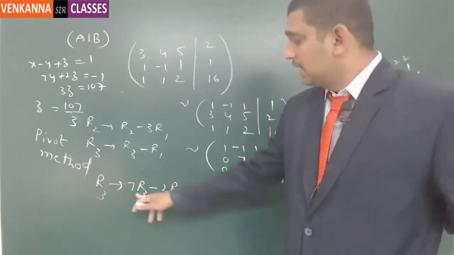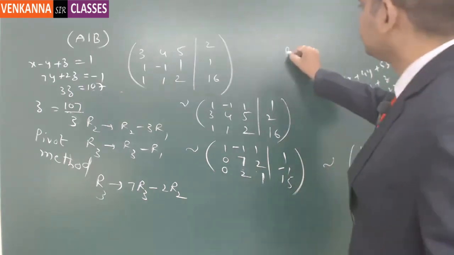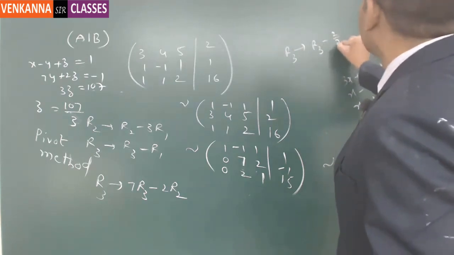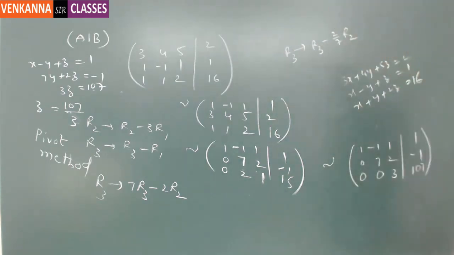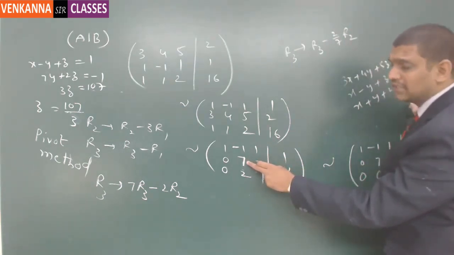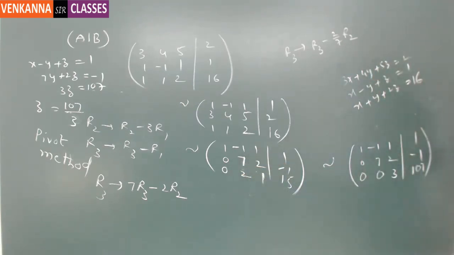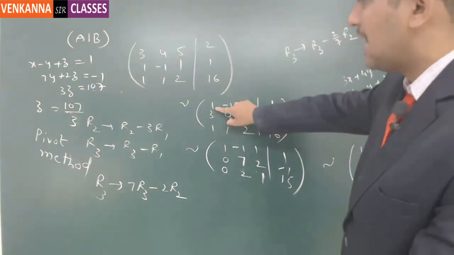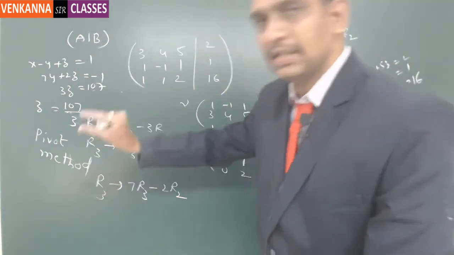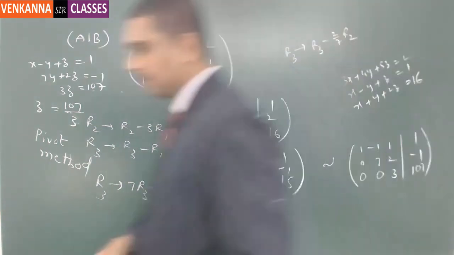But actually, in the Gauss elimination method, you need to write the operation as R3 tends to R3 minus 2 by 7 R2. So what I am doing actually is, whatever the diagonal element is, you divide all the bottom values by the diagonal element. So here, since this is the first diagonal element, if you want to correctly write the row operations using the pivot element method, I will make space here.